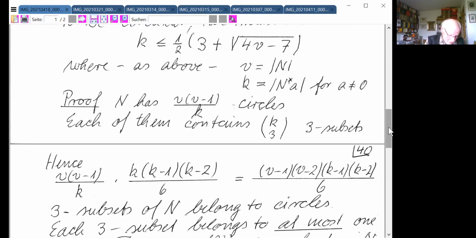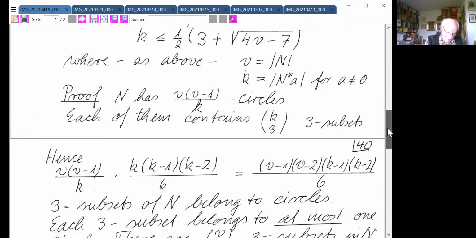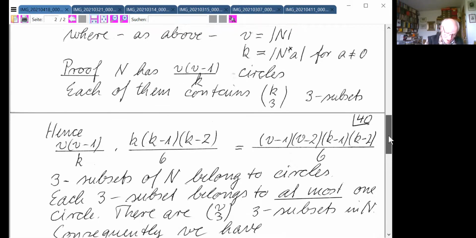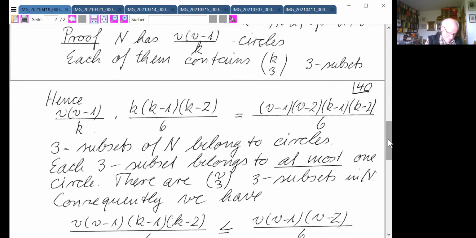This is the number of 3-subsets of N which belong to circles. Now, each 3-subset belongs to at most 1 circle.